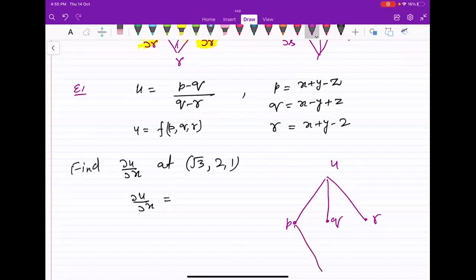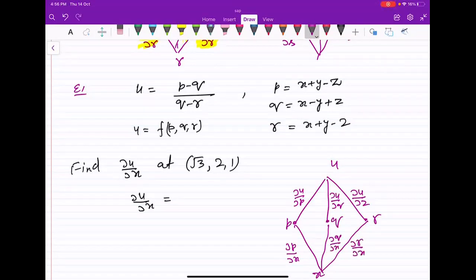So we have del u over del p, del u over del q, del u over del r, and then del p over del x, del q over del x, del r over del x.